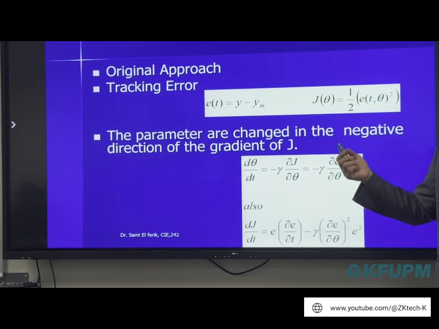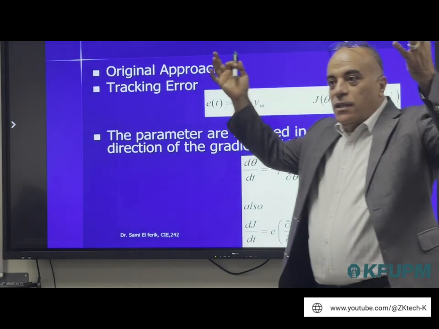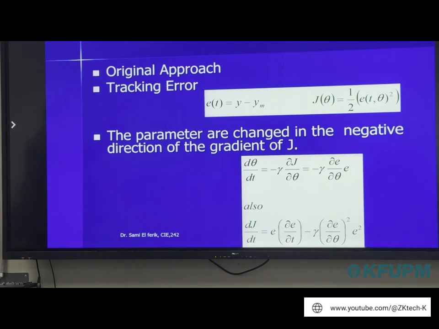Repeat this again. If this function is positive, as I showed you, and I select the derivative of this function negative, and it's 0 only at 0, then it has no choice but to go to 0, because it cannot be negative. Like this, I will make sure that the cost function will decrease to a minimum.